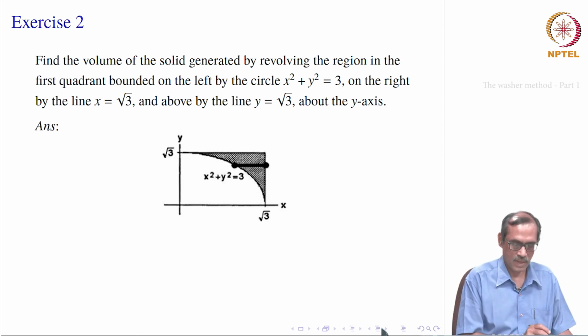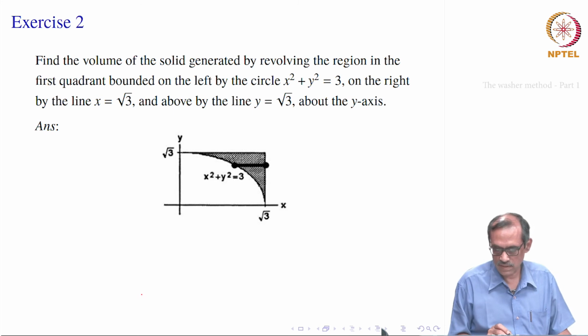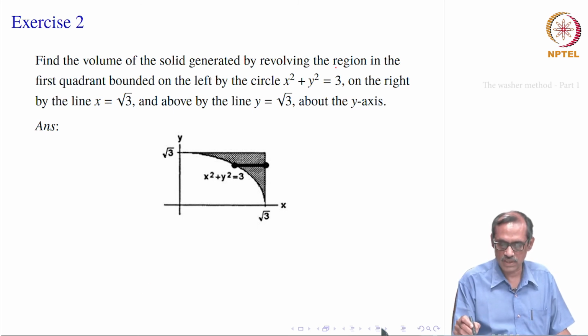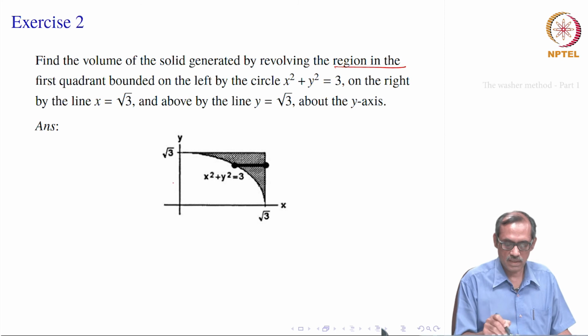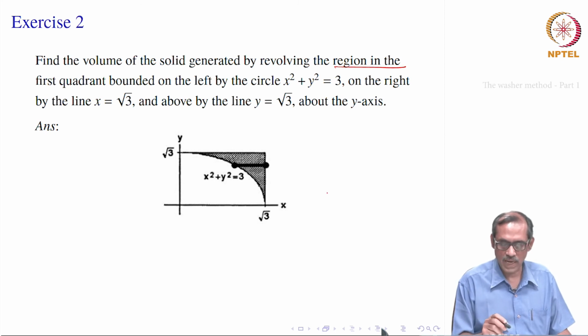So, if you plot it, first thing is it is the region in the first quadrant, bounded on the left by the circle x² plus y² equal to 3. So, in the first quadrant we draw the circle x² plus y² equal to 3. It is not up to scale here, y looks a bit more height, it should have been here.